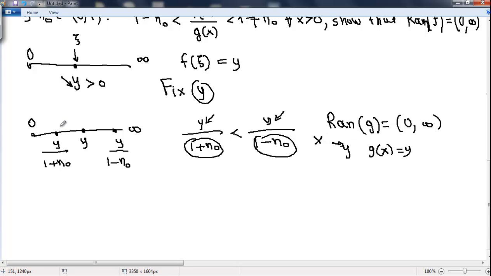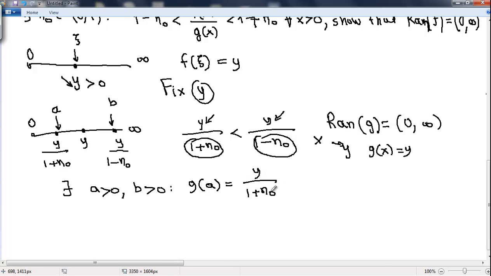So there exists a positive a and a positive b such that g of a equals y over 1 plus eta 0 and g of b equals y over 1 minus eta 0.